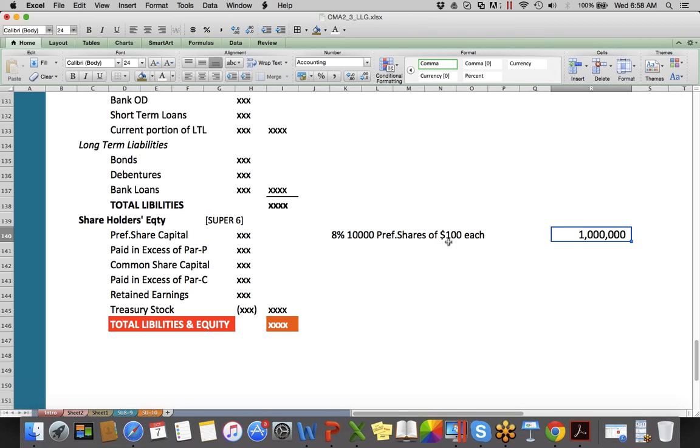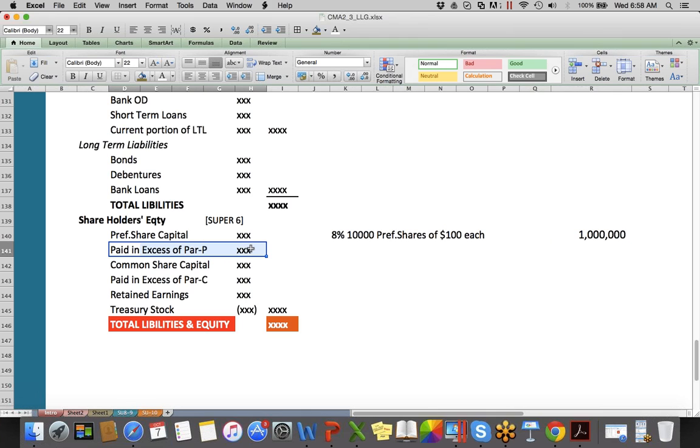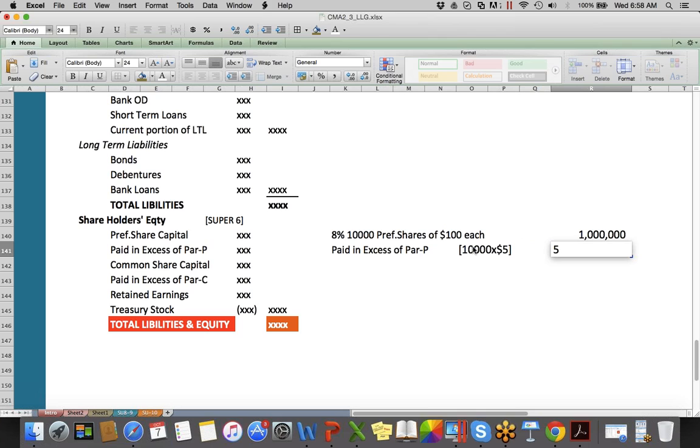When you sell this share not for 100 but for 105, it is called paid in excess of par, meaning premium. Say, for example, you issued these shares at the rate of 105, so 10,000 shares times $5, which gives you 50,000.